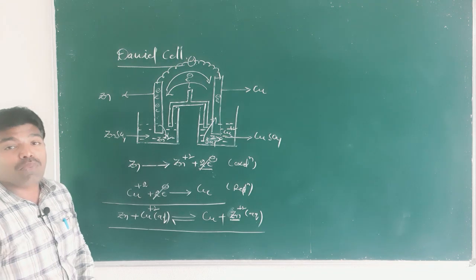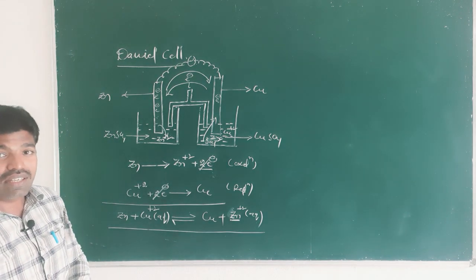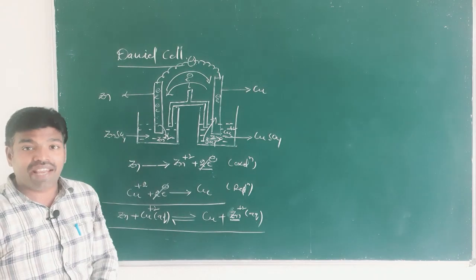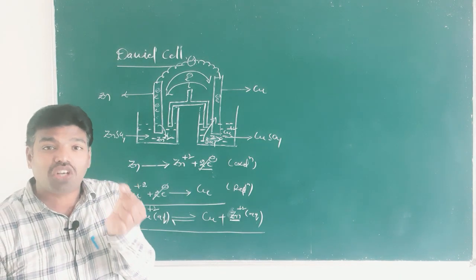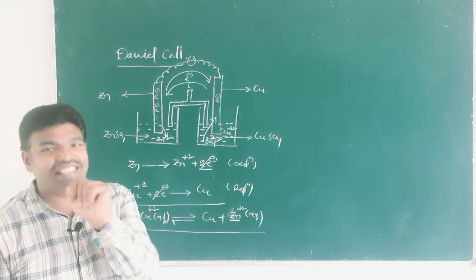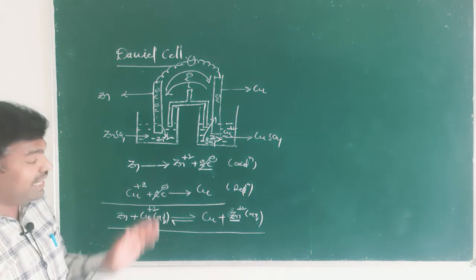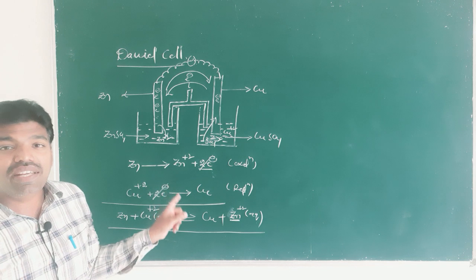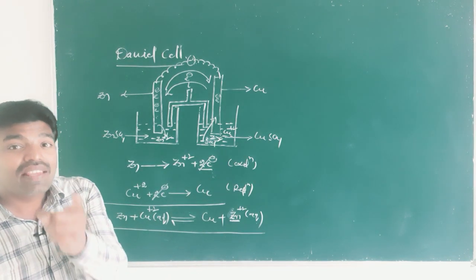So the Daniell cell is a device which makes use of a spontaneous redox reaction for the generation of electricity.